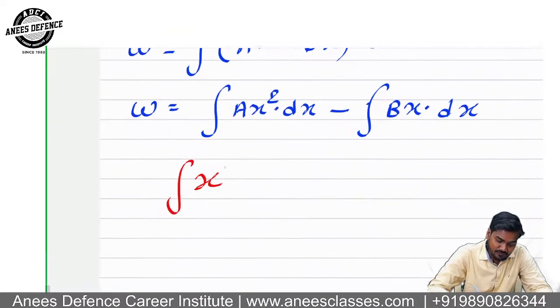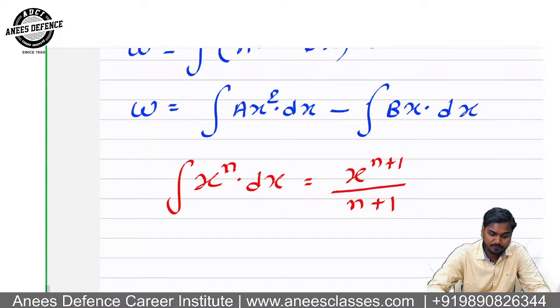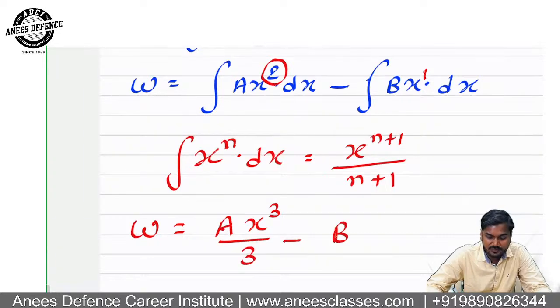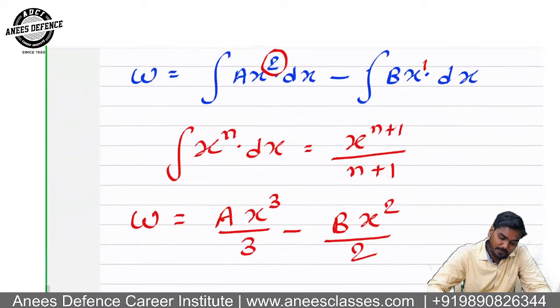Keep in your mind one formula: x raised to power n into dx can be integrated as x raised to power n plus 1 upon n plus 1. Here the power is 2 and here the power is 1. You can write work done is equal to x raised to power 3 upon 3 minus b, a constant, taken outside, x raised to power 2 upon 2.